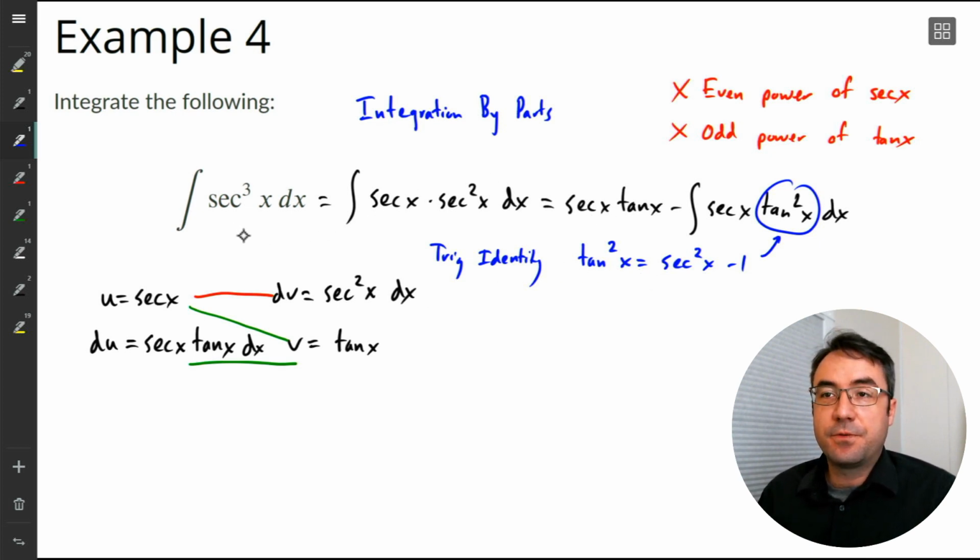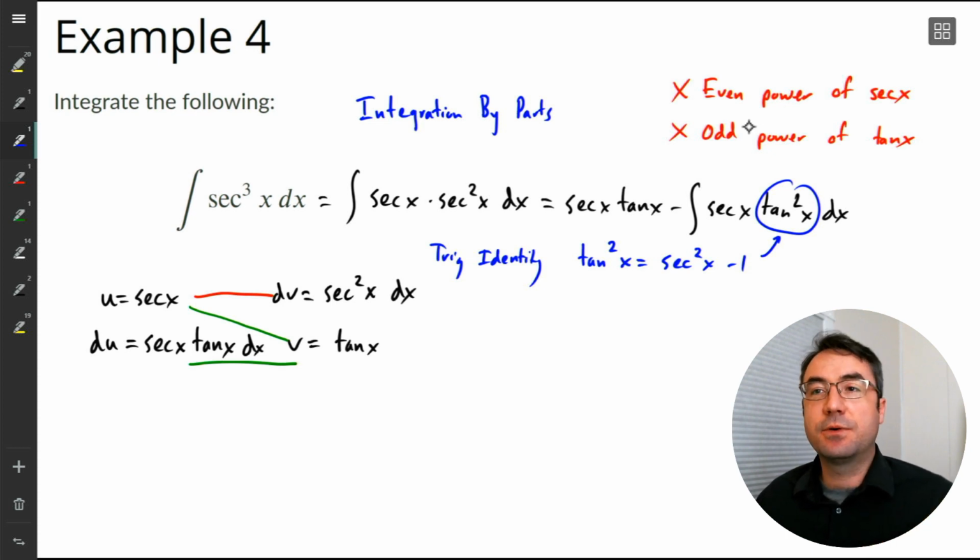So we've converted this from an odd power of secant. We can handle even powers of secant. Odd powers, things get a little bit trickier. So that motivated the whole let's try integration by parts. Doing integration by parts converted everything into a new integral.